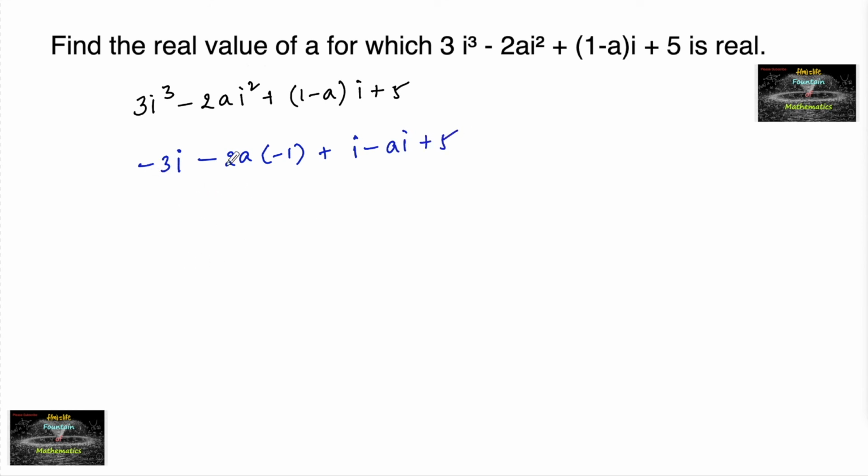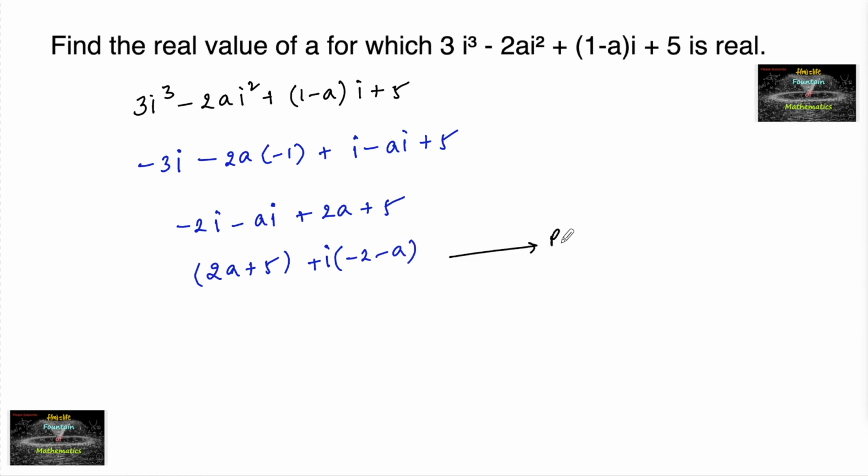So this is -3 + 1, that is -2i, minus ai, and again here minus, minus plus 2a plus 5. So we can write this as (2a + 5) + i(-2 - a), and this complex number is given real.